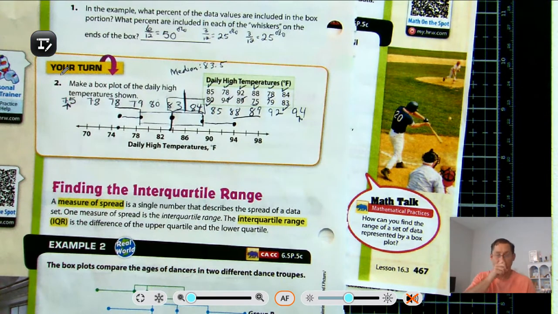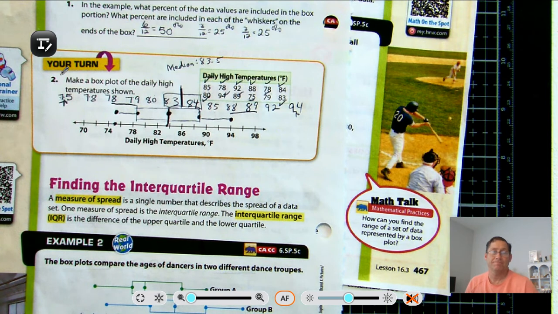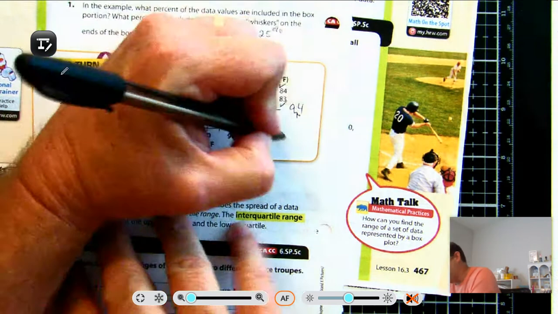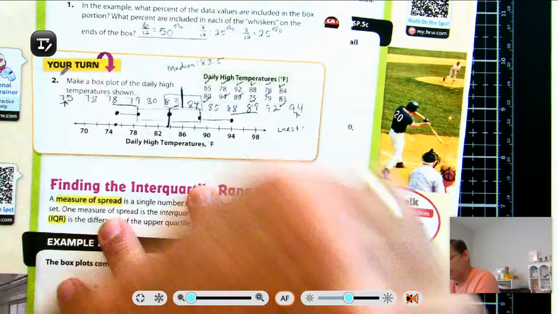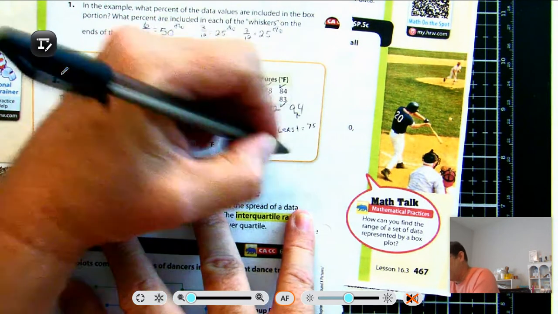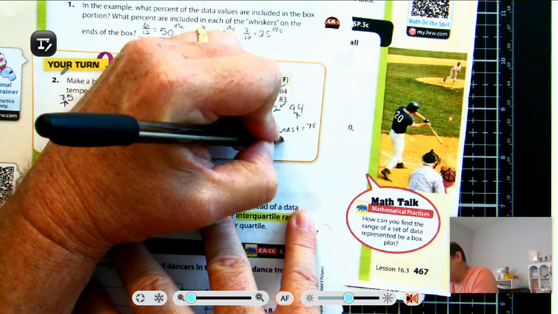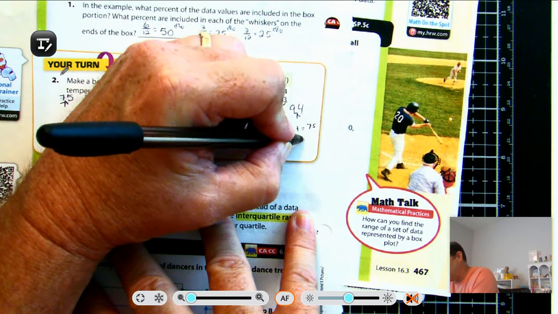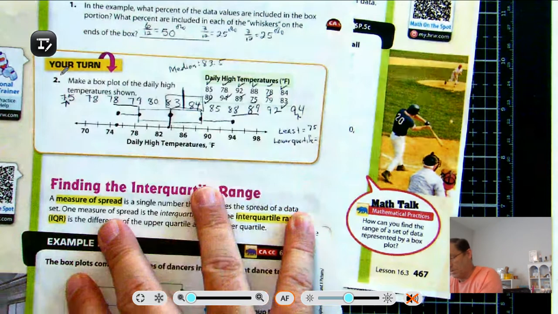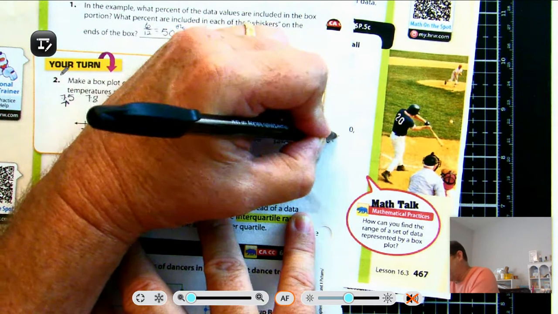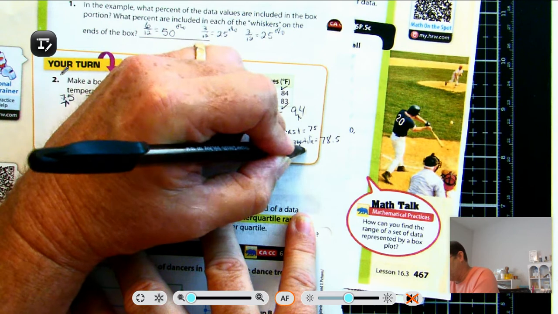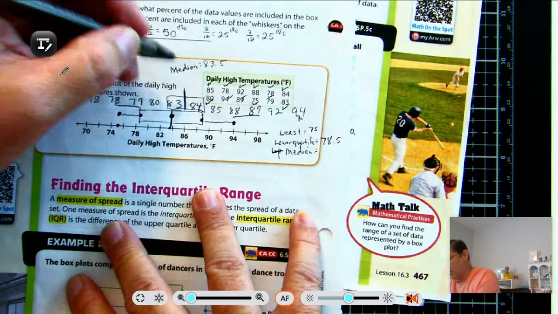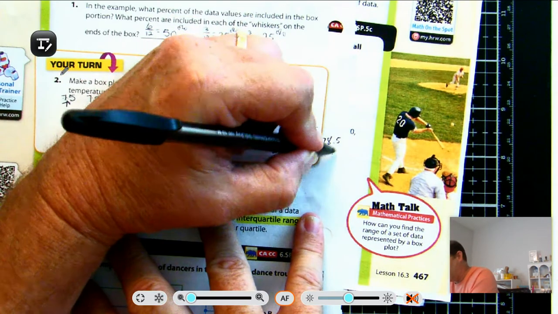Okay. So that's basically what our box plot would look like. I'm going to go ahead and write the values. Least was 75. Lower quartile was 78.5. Median was 83.5.